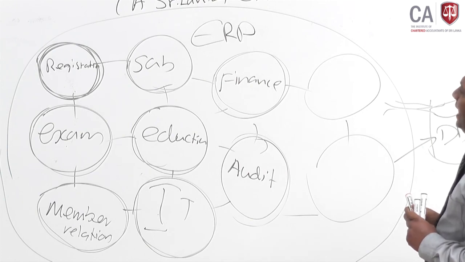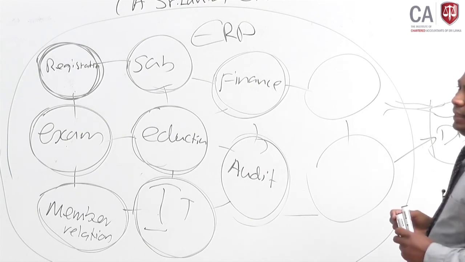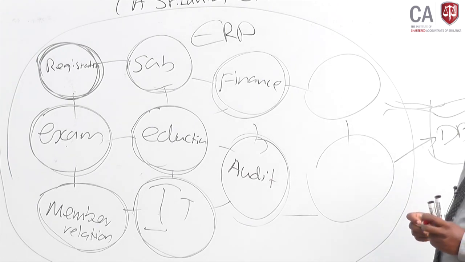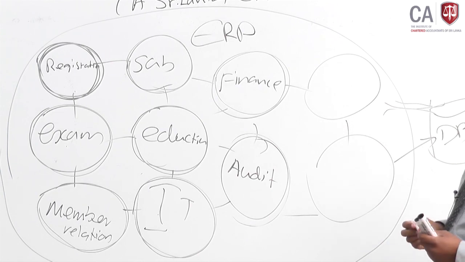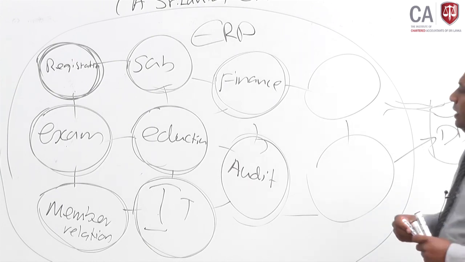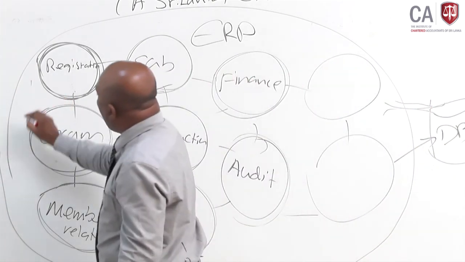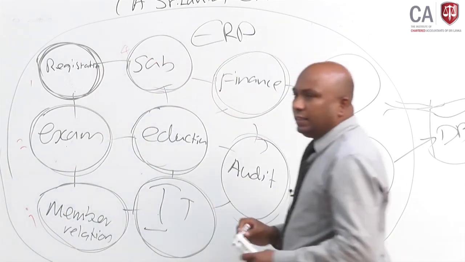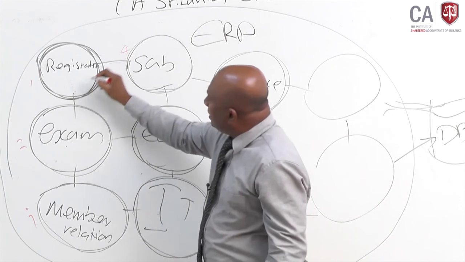And we will take an example now. CA Sri Lanka has some other systems available with them, but they don't have a separate ERP system. But they have different systems. System 1, 2, 3, likewise 4. There are different systems, and all those systems are interlinked.